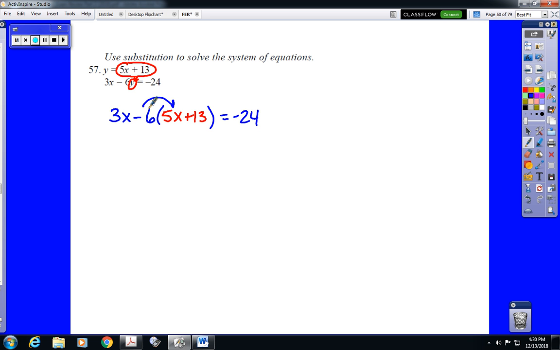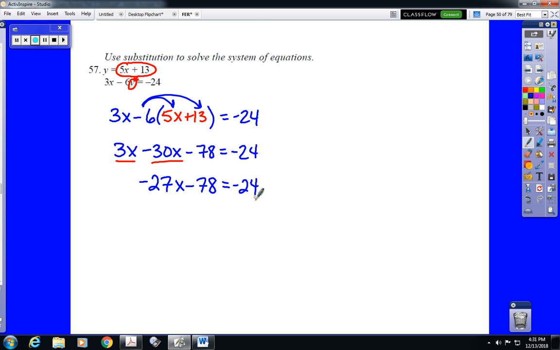We would start by distributing the negative 6, which would give me 3x minus 30x minus 78 equals negative 24. We would combine like terms. 3 minus 30 would be negative 27x minus 78 equals negative 24.